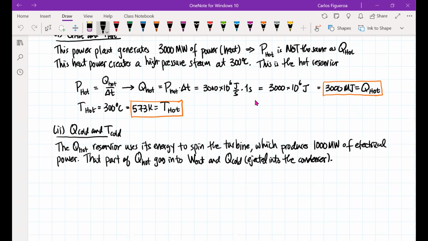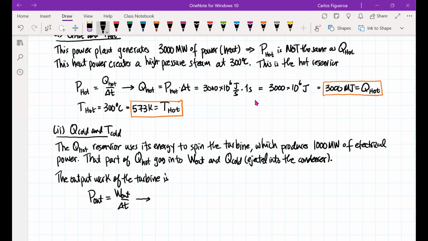So when I look at this, the output work of the turbine is going to be the power, which is the work out per unit time.